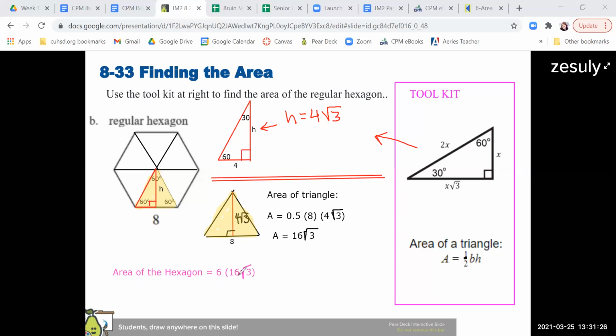Well, 6 times 16, that's 96. So in the end, 96√3, and this is square units. 96√3 square units.